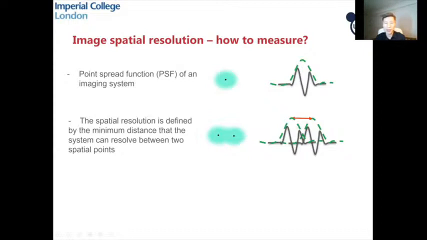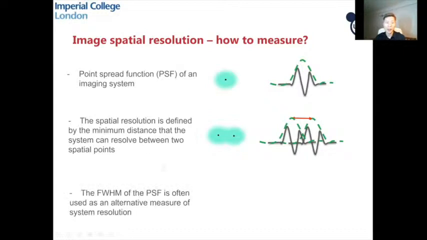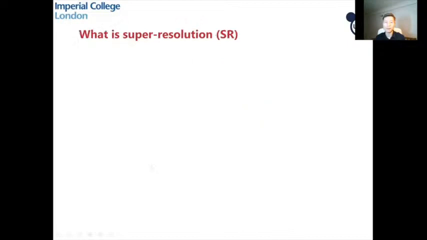That minimum distance that you can still resolve is defined as the image spatial resolution. Very often in practice, the full width half maximum of the point spread function is used. If you have the point spread function in one dimension, the full width half maximum size is often used as an alternative measure of the spatial resolution. However, the first one is the most rigorous one.